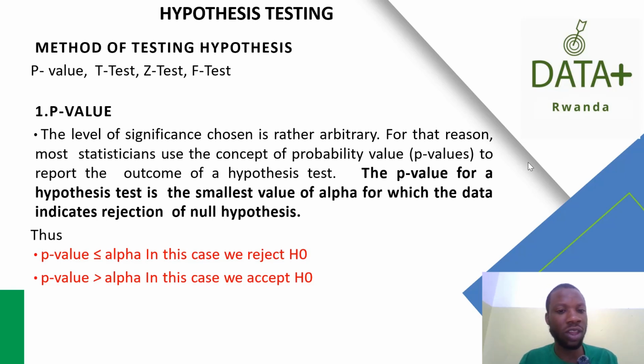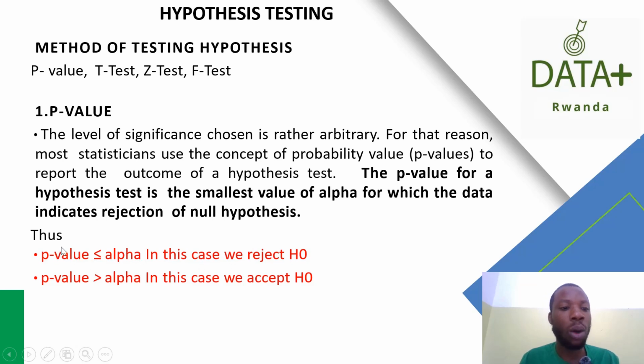So that is the way we take the decision on these red sentences here. If the p-value, the error we made, is less than or equal to the acceptable error, alpha, in this case we reject the null hypothesis.